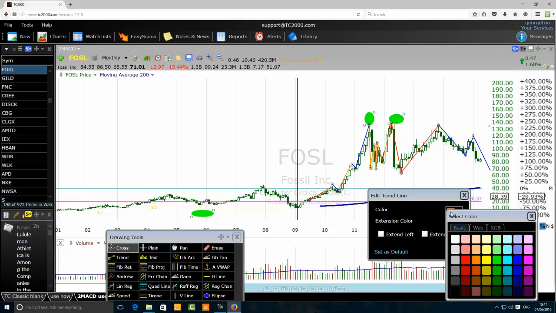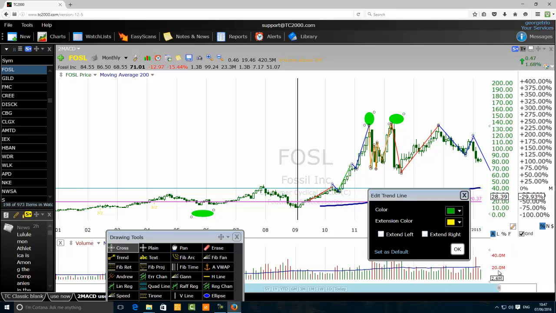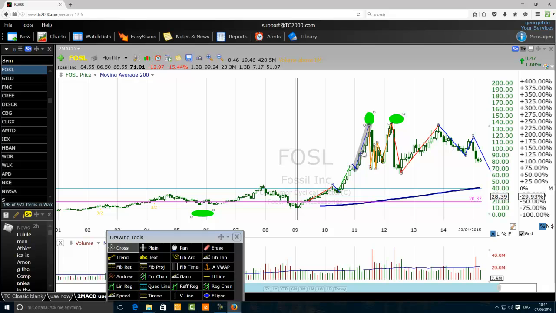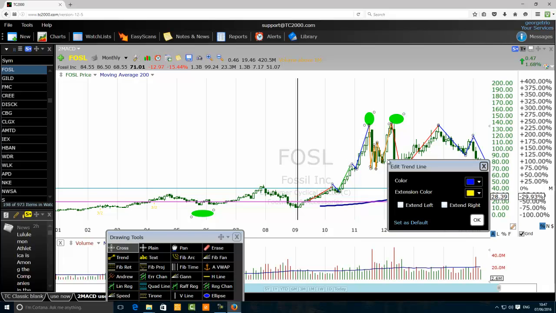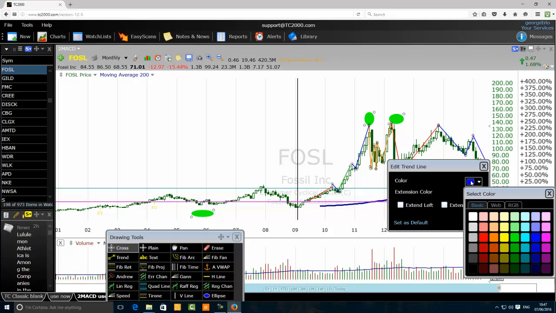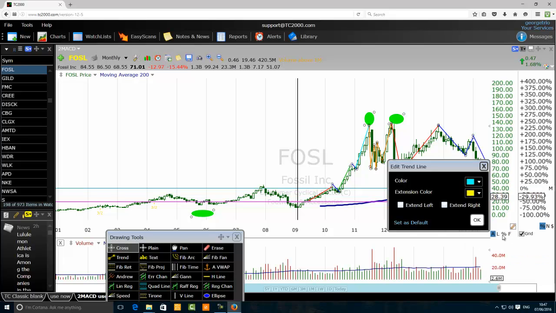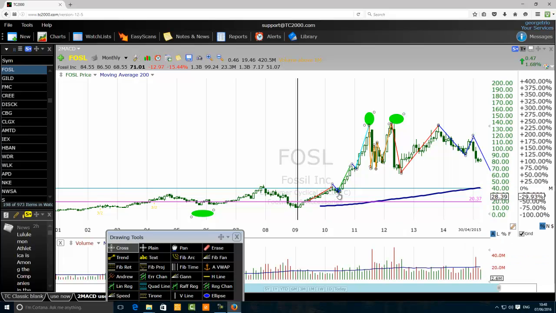I'll use green now. And the fifth wave, which has been extended, in turquoise. So first wave, second wave, third wave, fourth wave, and the fifth wave. Now we have a double retracement here. I will be talking about what's going on now in this section in another video, so that this video is not too long.